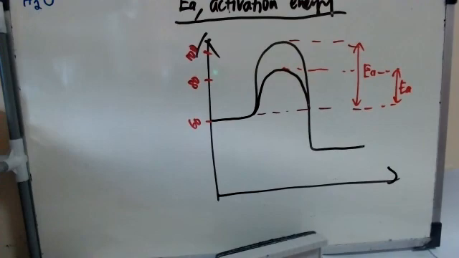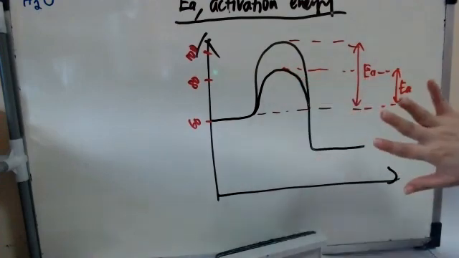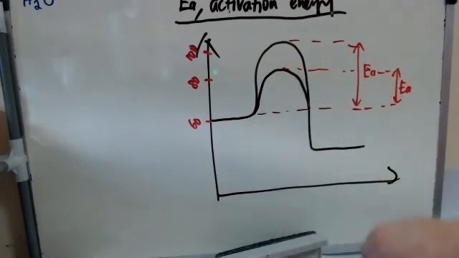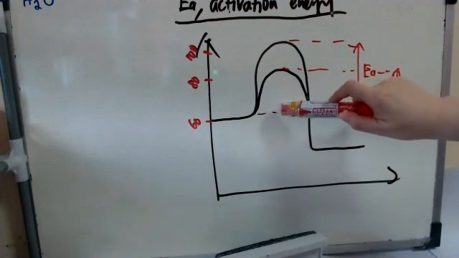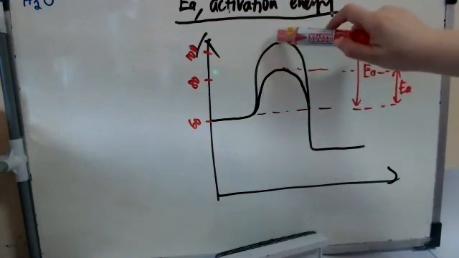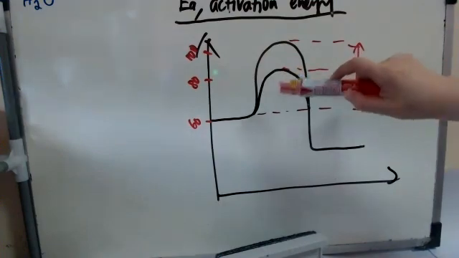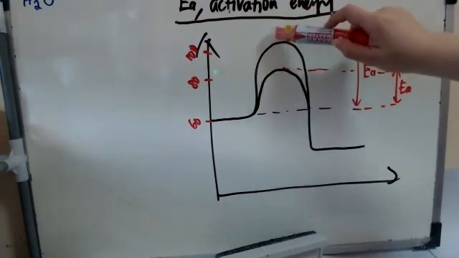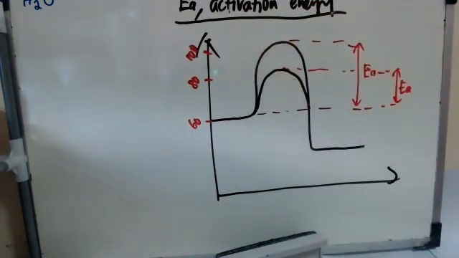This is what you need to know, because they will want to test you on which one is the activation energy before adding catalyst and after adding catalyst. One more thing is sometimes they ask you to describe what actually enzymes do.